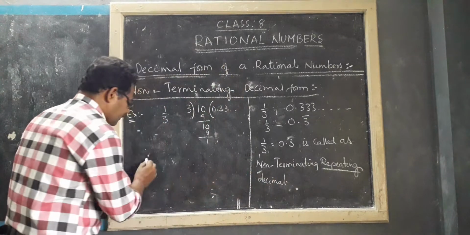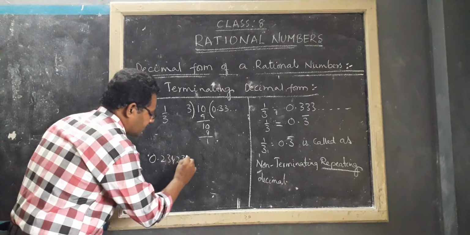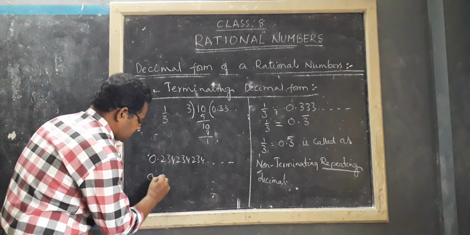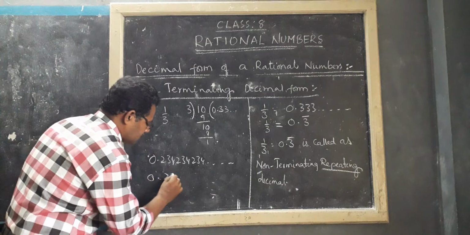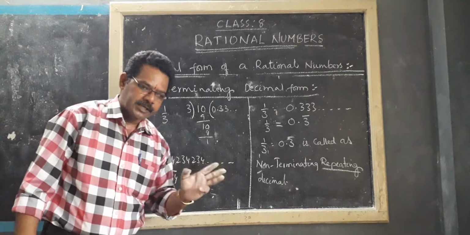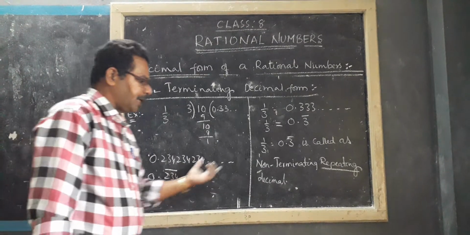Suppose I take another number, 0.234234234 and so on. It can be written as 0.234 bar. Here three digits are repeating. So this is also a non-terminating repeating decimal.